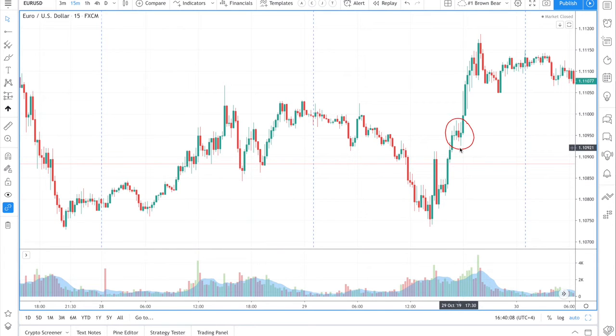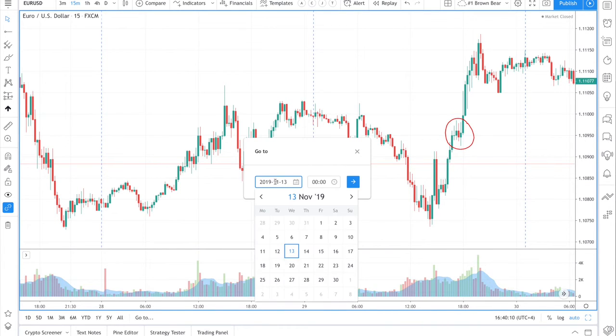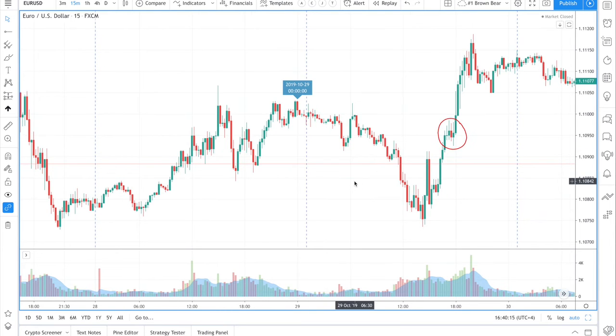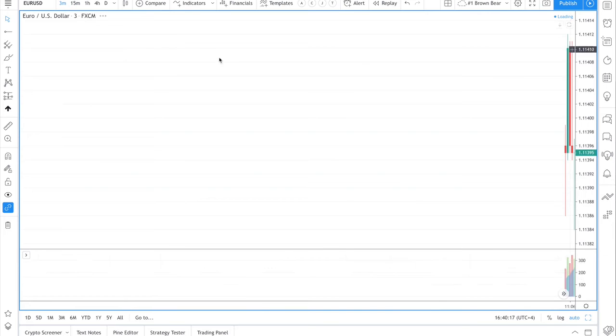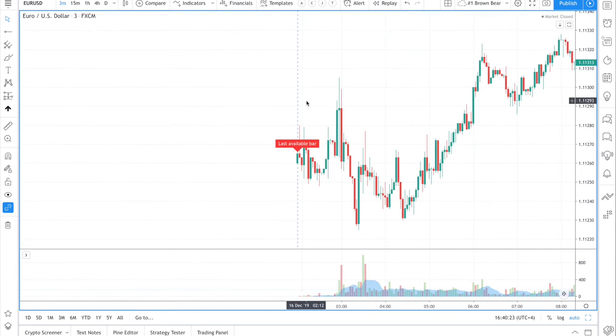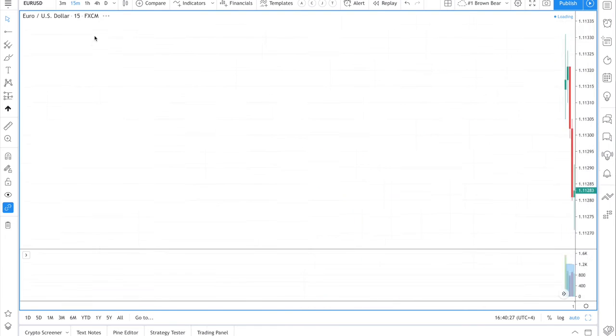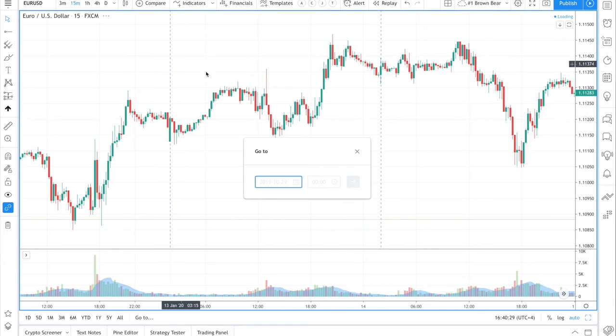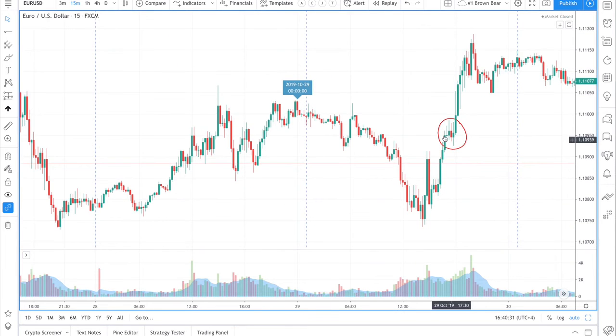Let me see if I can pull this up. On the 3-minute chart, let's see if it comes up. Sorry. Okay, what this area is, I'm going to draw it for you.